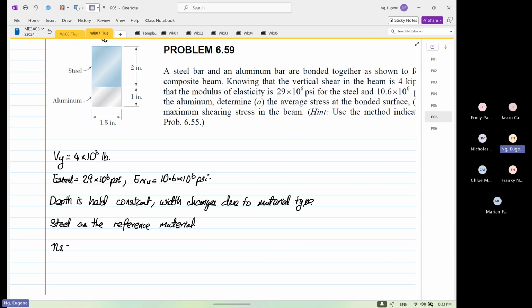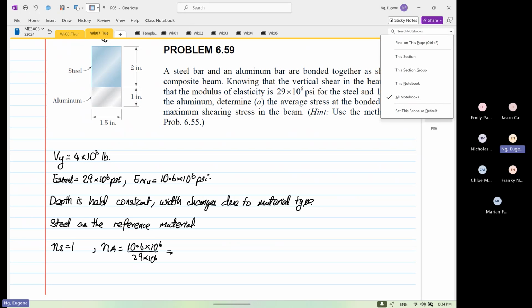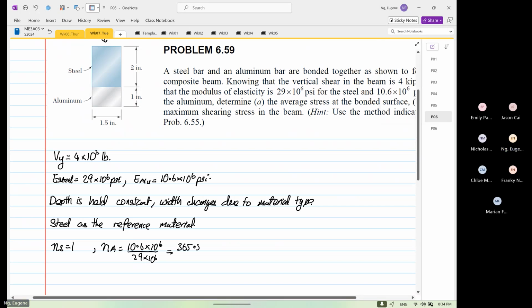So N of steel is equal to 1. N of aluminum is equal to 10.6 times 10 to the power 6 divided by 29 times 10 to the power 6, so this is 10.6 divided by 29, which is 365.517 times 10 to the power minus 3.